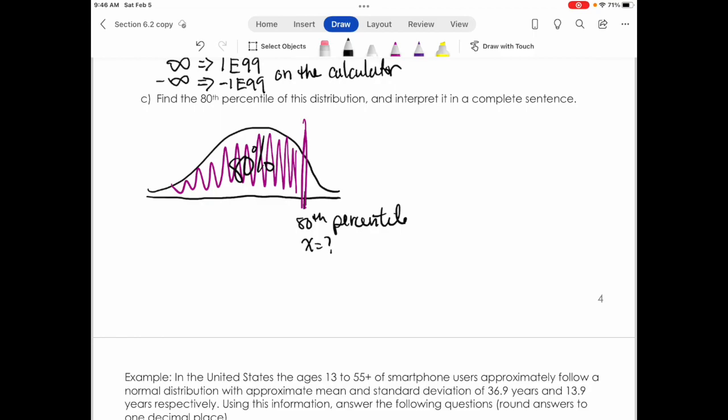So when you're working backwards and you're trying to find the percentile of a normal distribution, you want to use the function on your calculator, inverse norm. And you want to put in your percentile. Then you want to put in your mean and standard deviation.